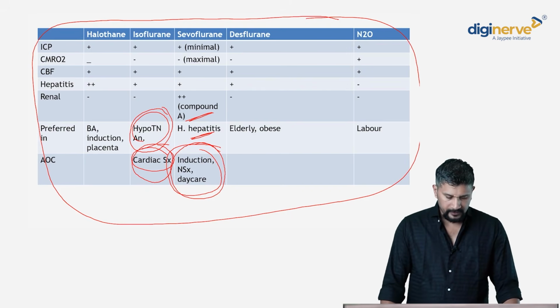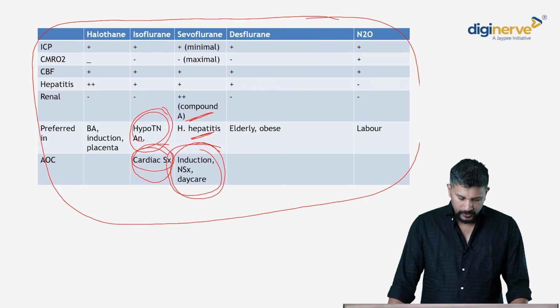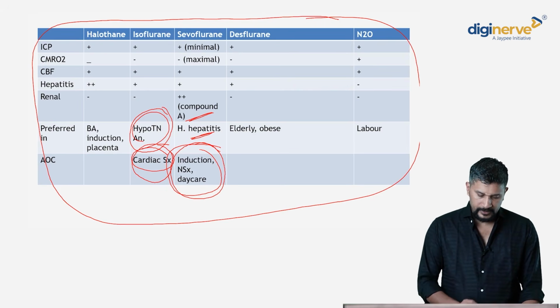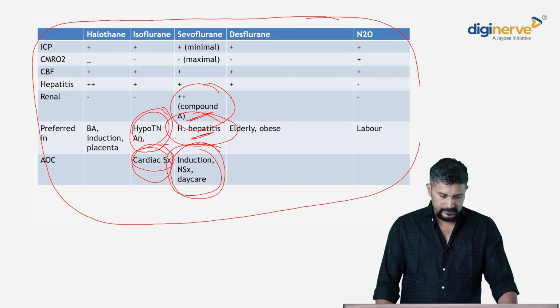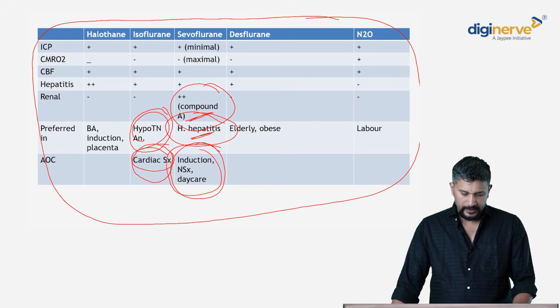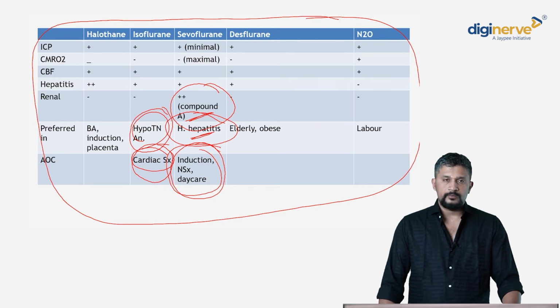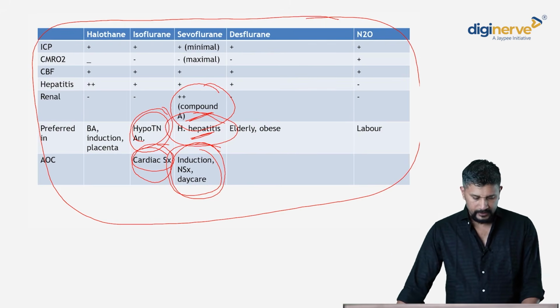It is also the preferred agent for neurosurgeries and also daycare procedures. So the commonly occurring side effects are halothane hepatitis as far as recurrent exposures to halothane is concerned, and with sevoflurane you can have compound A generation which results in nephrotoxicity of this particular agent.